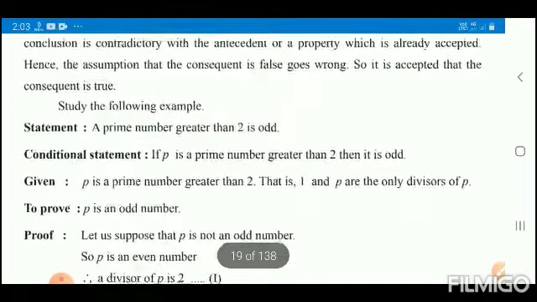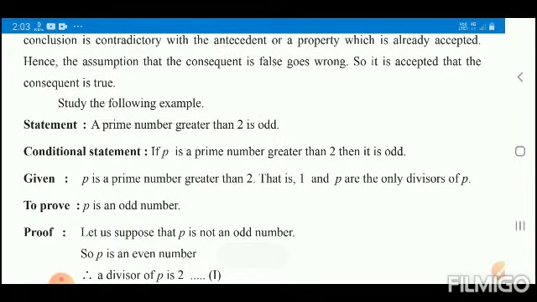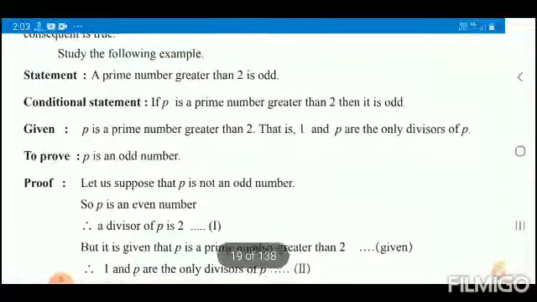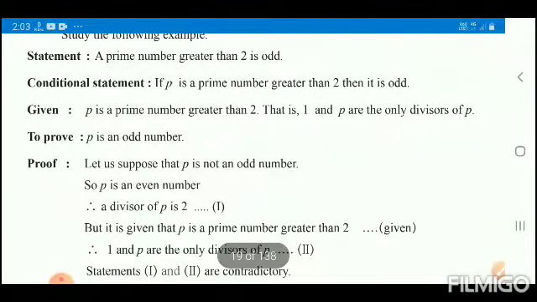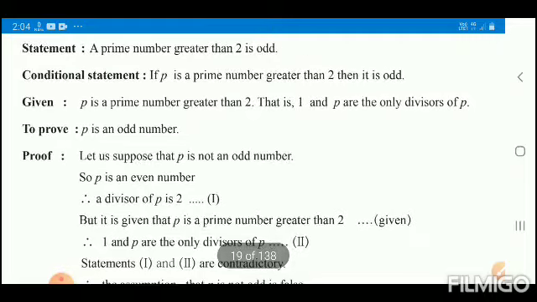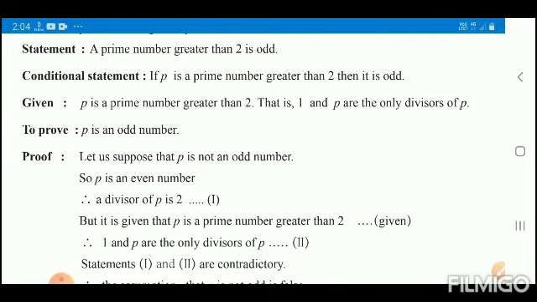Now we will study the following example for indirect proof. The statement of the theorem is: a prime number greater than 2 is odd. I told you what is meant by a prime number, and here 2 is the even prime number.